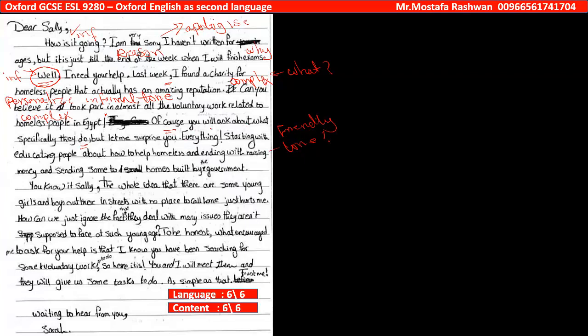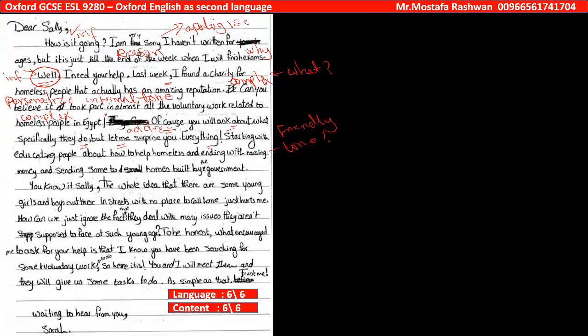By asking him a question as if he is chatting or talking to his friend. Then he said, but let me surprise you. Again, he is addressing his friend directly as if he is talking to him directly, and this is a good way of informal style. He will tell him everything.